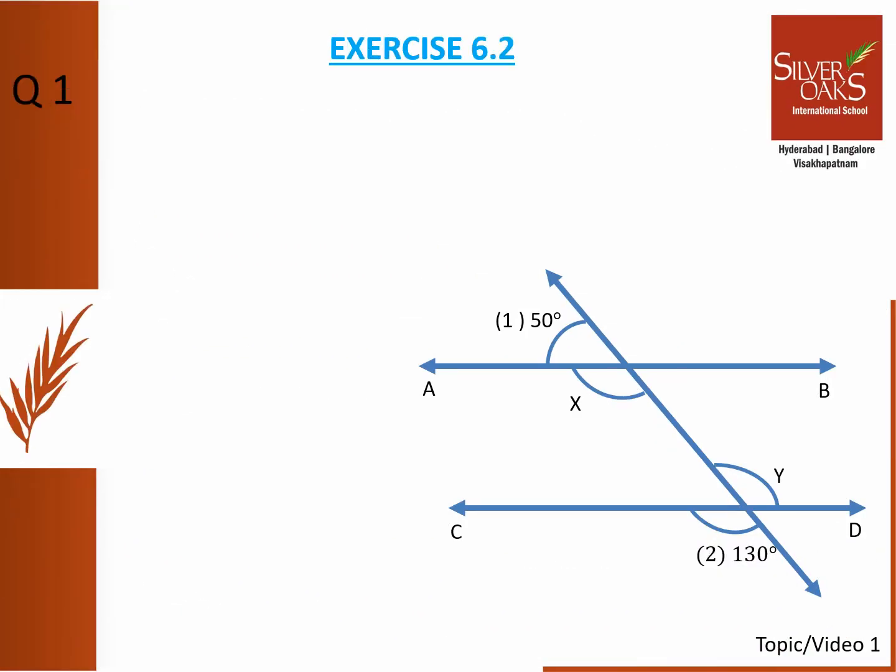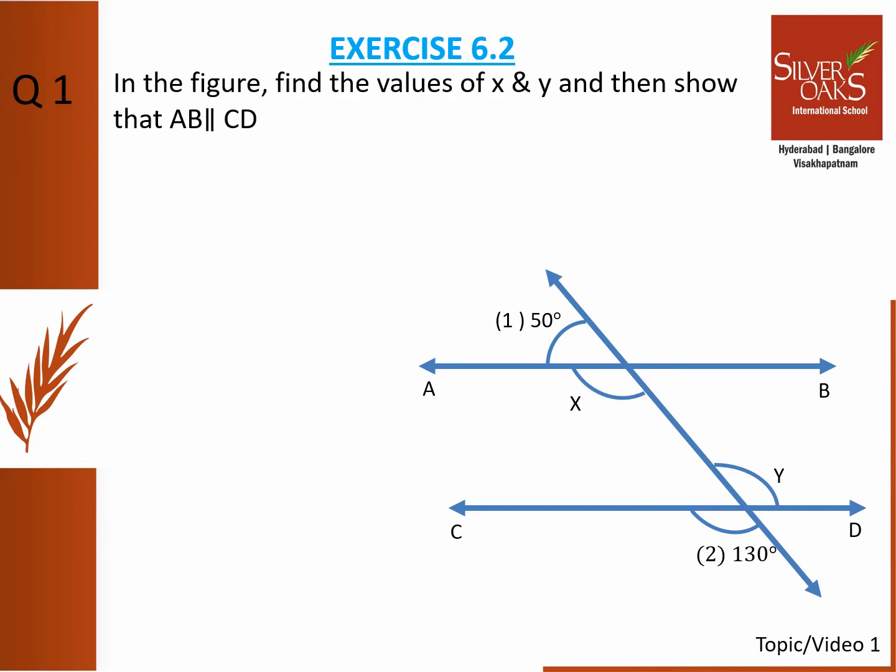Let's start with exercise 6.1. First question. Students, go through the question. Draw the figure as I told you on the right margin of your journal. This is the figure given. This is angle 50 degrees.